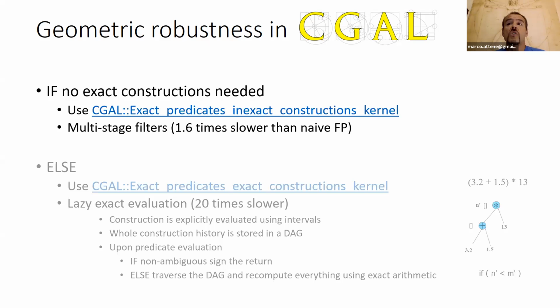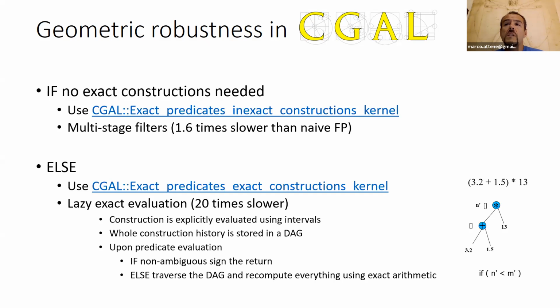Conversely, if constructions are used, Siegel employs lazily evaluated exact expressions, which means any intermediate value is constructed using interval arithmetic, and the same interval arithmetic is used to evaluate the predicate expressions as well. So if the resulting interval contains the zero, then its sign is ambiguous, and the predicate is re-evaluated using exact arithmetic.